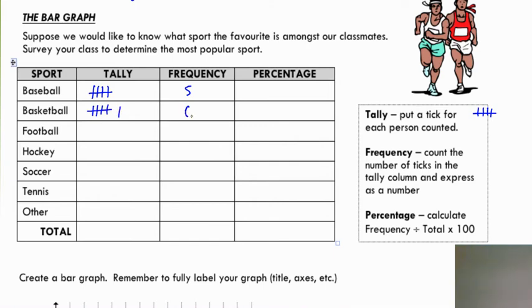Now, the next one, let's just say we had, again, 5, and we'll make 6 students at basketball. For football, another 5. In hockey, well, we are in Stittsville, so let's make hockey one of the larger ones, and we'll say 11. Soccer, well, probably would be higher, but let's just pick some lower numbers here.